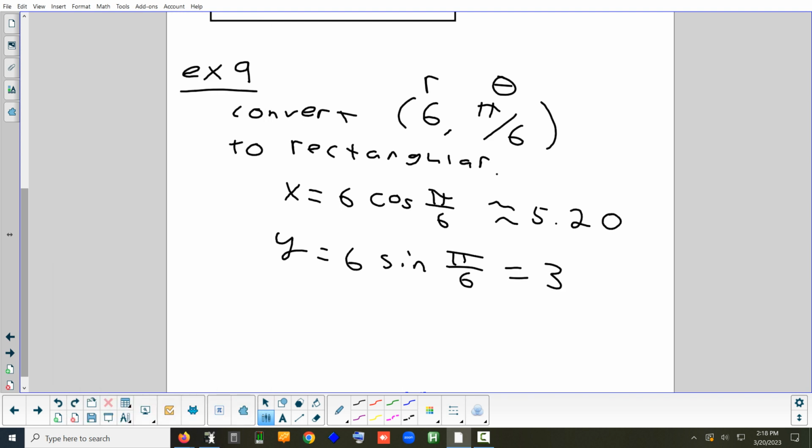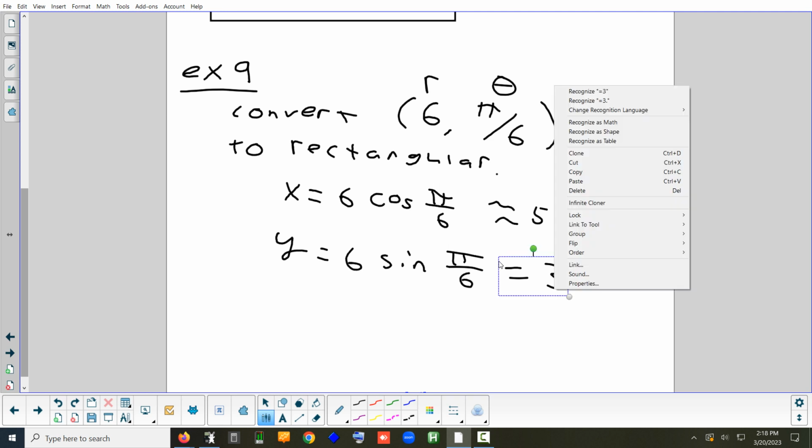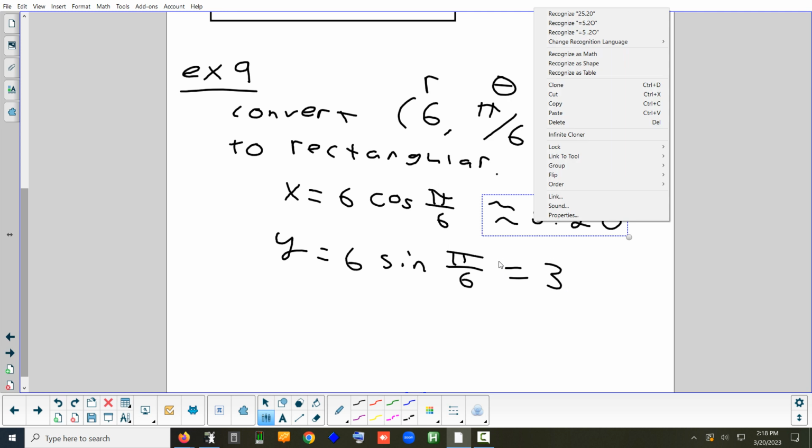Pi over 6 is 30 degrees. We talked about that earlier. Whenever you're dealing with an angle that's a multiple of 30, if you're taking sines and cosines of it, one of them will always come out nice, and the other one comes out to a decimal. That's just how this works. If the angle is a multiple of 30, one comes out nice, the other one doesn't.